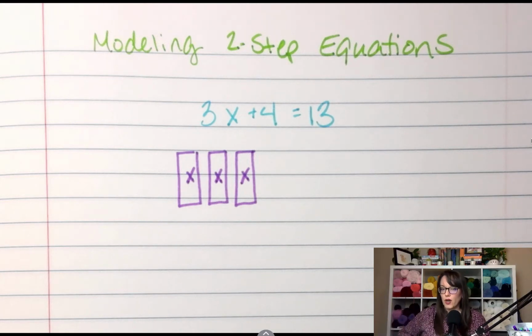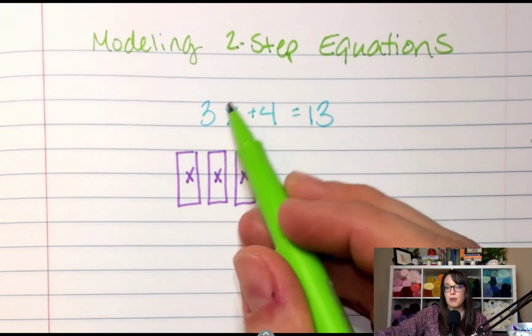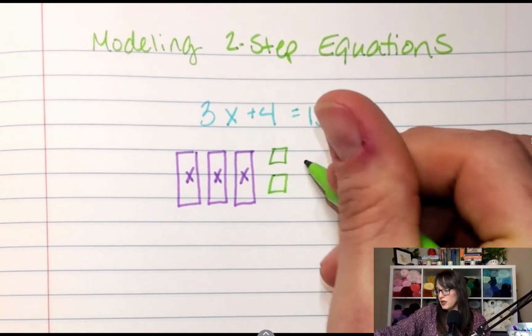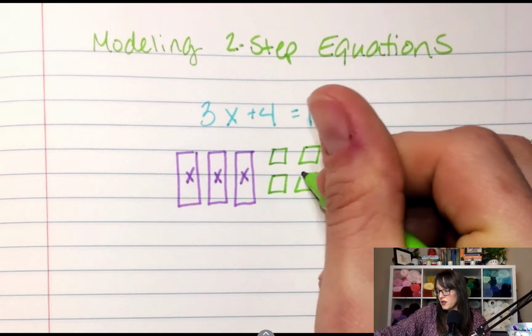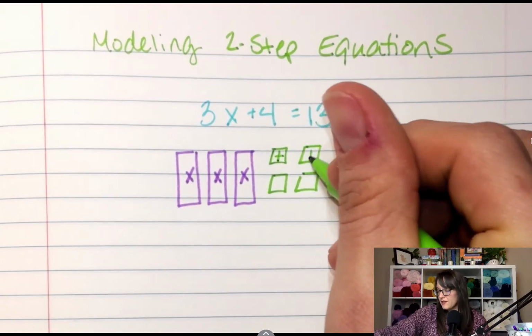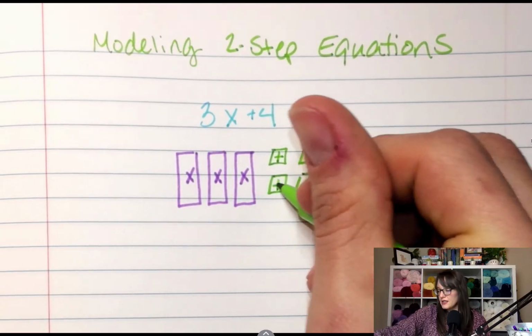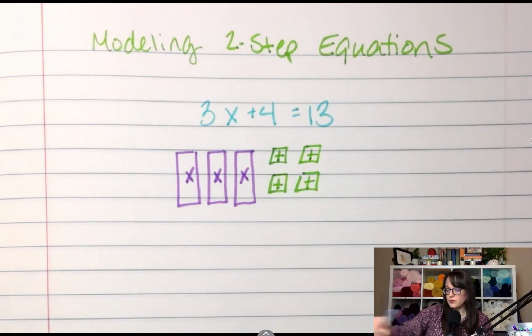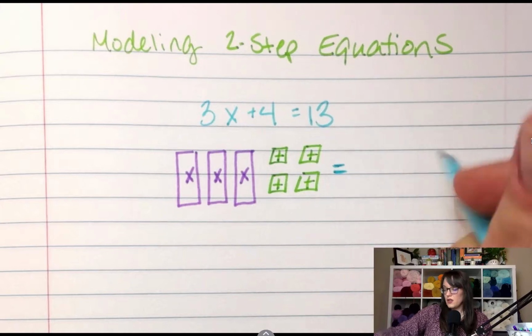And then that 4. Is it a positive 4 or a negative 4? This is a positive 4. So I'm going to represent that with 4 little squares, and I'm going to put plus signs inside of them so that I know that those are positive. And then this is equal to, so I'm going to put an equal sign, 13.